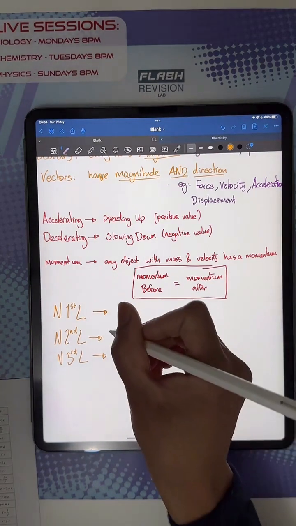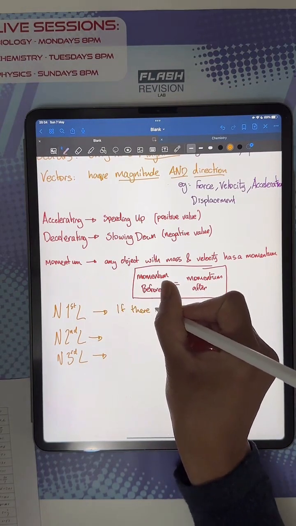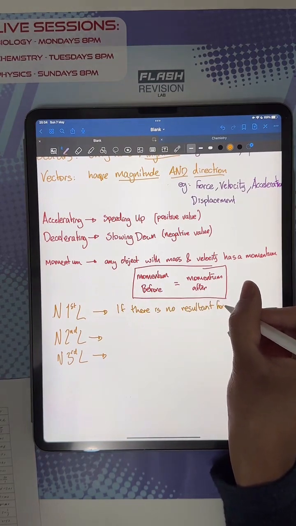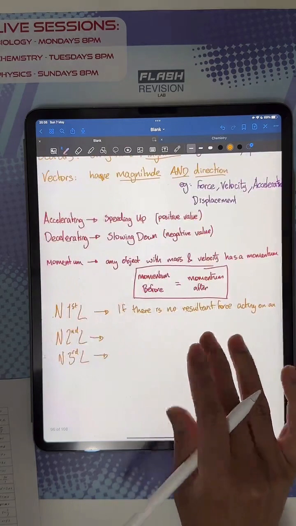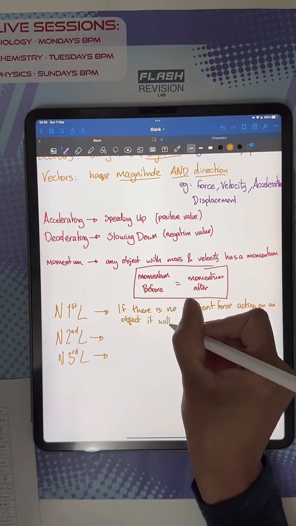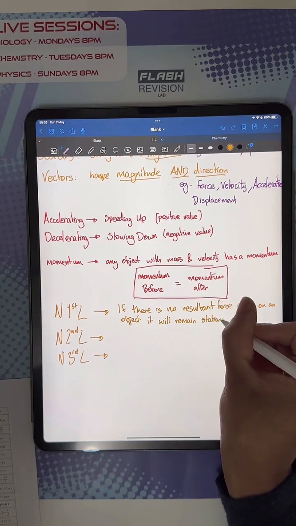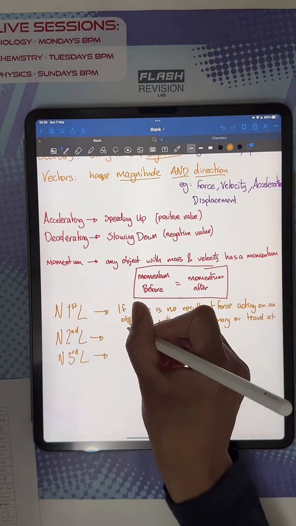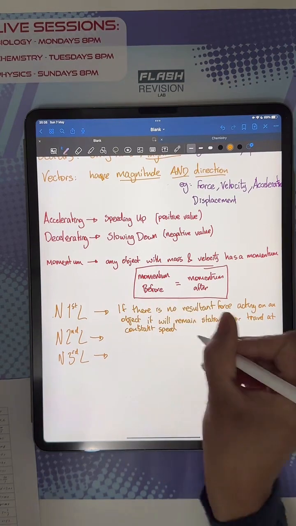So basically, if forces are balanced, or if there is no resultant force acting on an object, it will remain stationary or travel at a constant speed. So that's Newton's first law.